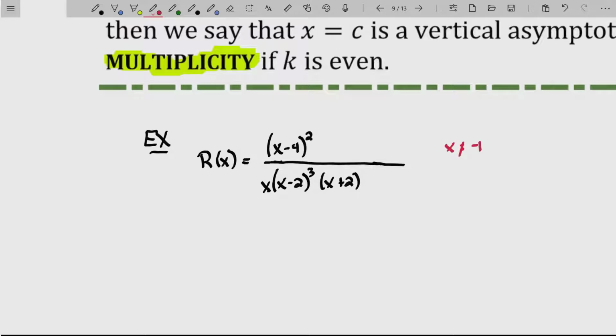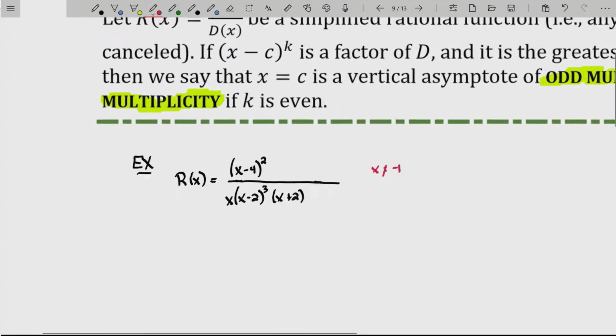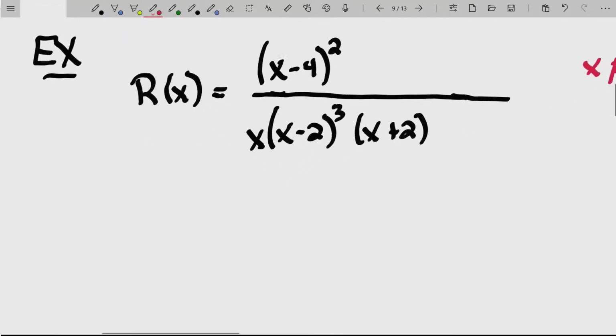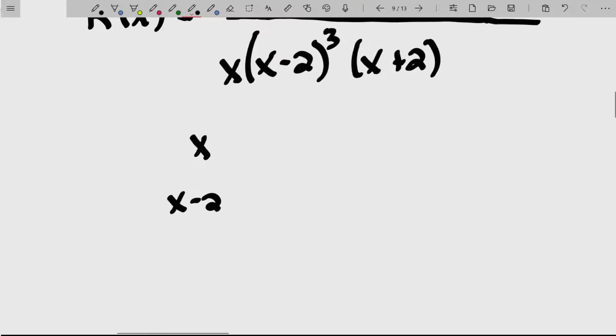Anyhow, what this definition is telling us is if you take a look at that simplified rational function and all of the factors in the denominator, the factors in the denominator are x, x minus 2, and x plus 2. And the powers on those factors are 3, 1, and 1.